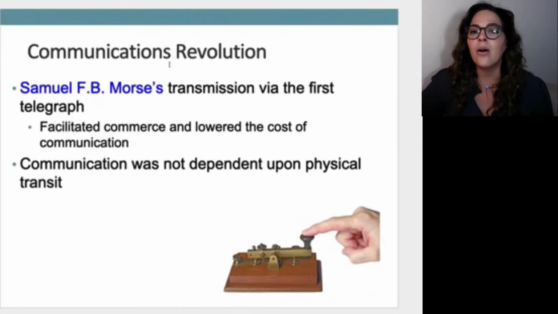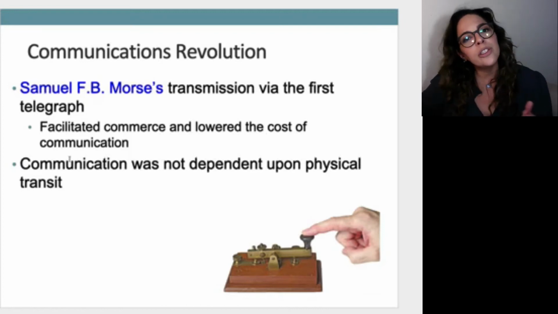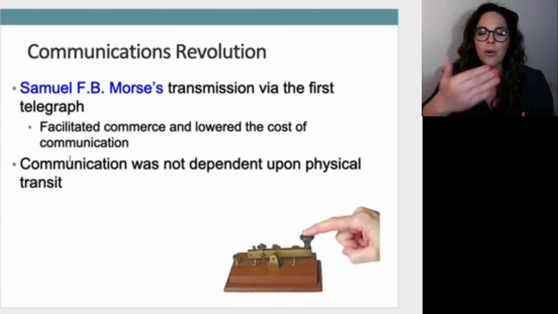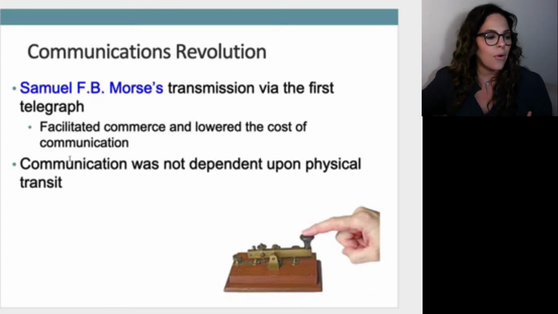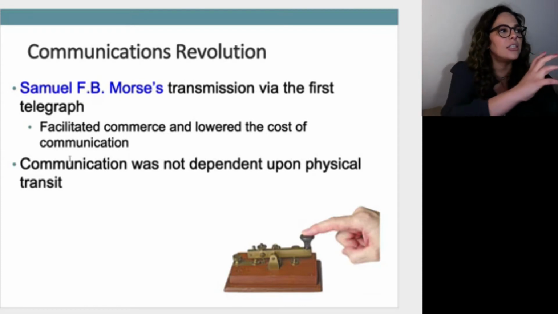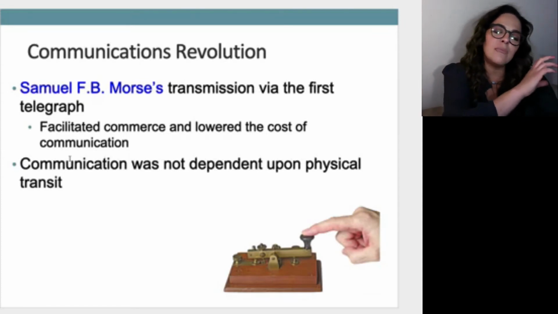Another change as well in the communications revolution is how communication was no longer dependent on just physically being there, person to person, or the travel of an envelope containing a letter to a physical location miles away.